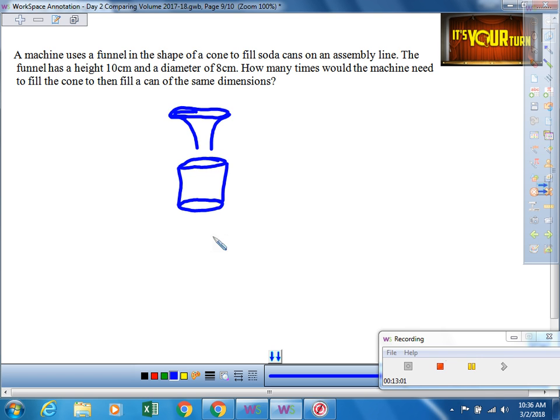So, how many times will we have to fill this to make sure that there's enough soda in the can to fill it? So think about that video. This one you shouldn't even really have to calculate, if you think about the video yesterday.